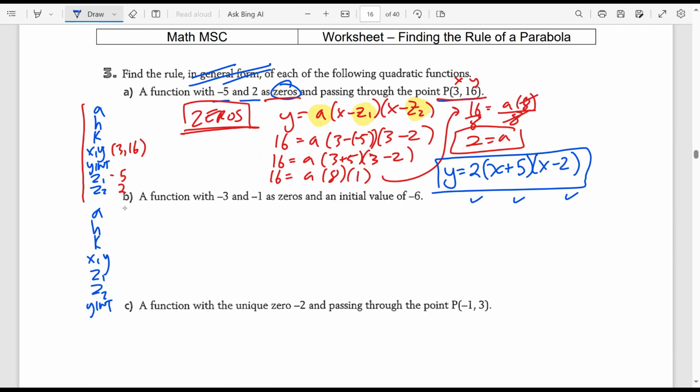So I don't have A, I don't have H, I don't have K. It doesn't seem like I have a point right now, and I've got -3 and -1. And what's another word for initial value? It's the y-intercept. So -6.